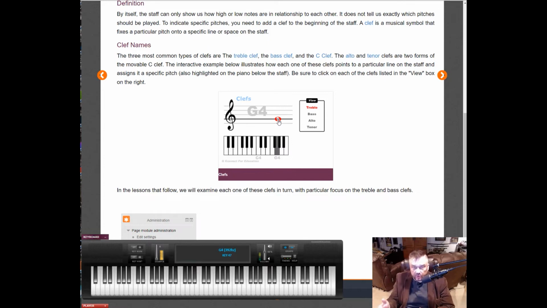If this is G4, what would the octave below be? Think about it. G3, right? So if I go one octave below G4, there's G4. If I go one octave below, I'm playing G3. And look at your window. Okay? So, bass clef.